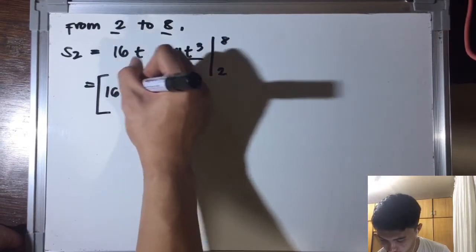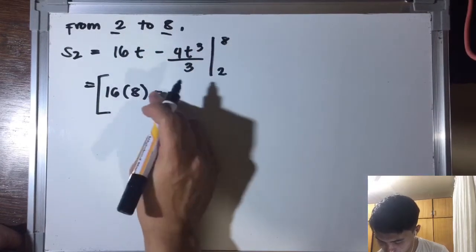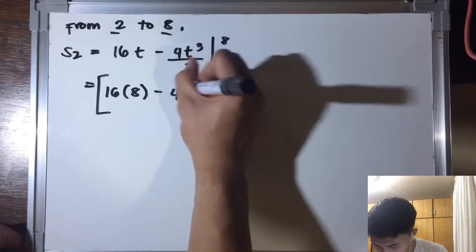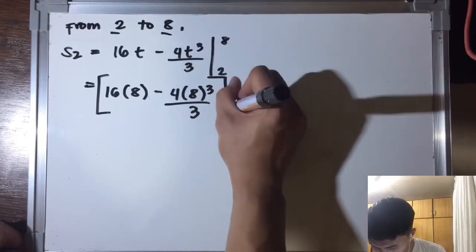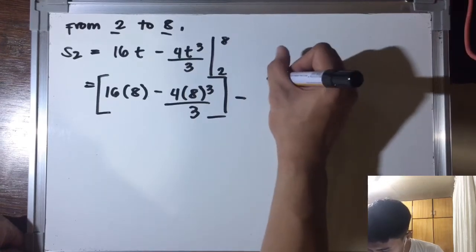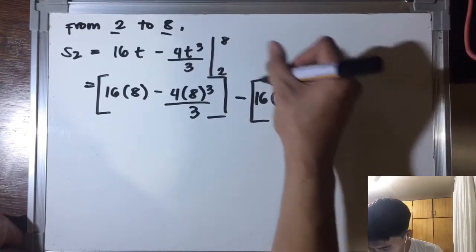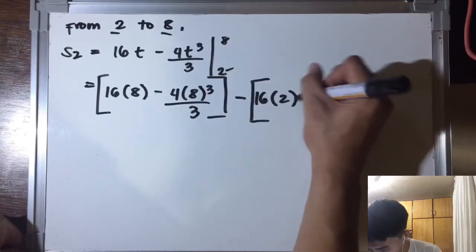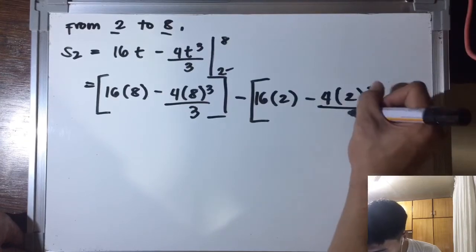Let us start off with 8, substitute lang, cubed over 3 there, and then minus 16 multiplied by this time interval, which is 2, minus 4 times 2 cubed over 3.